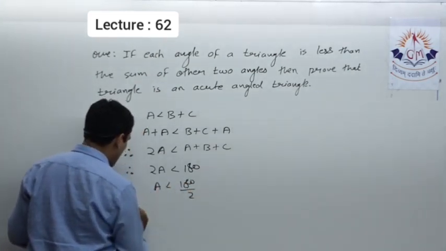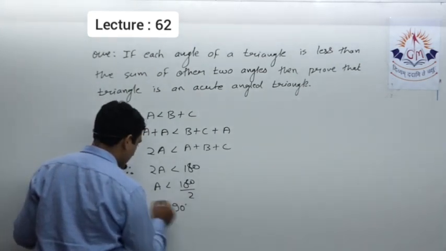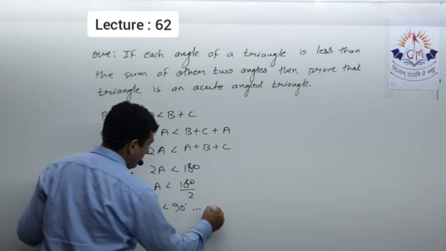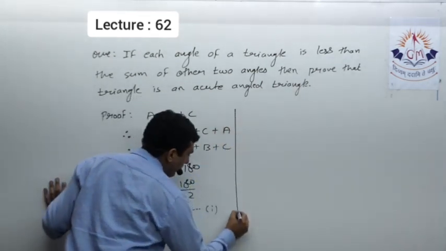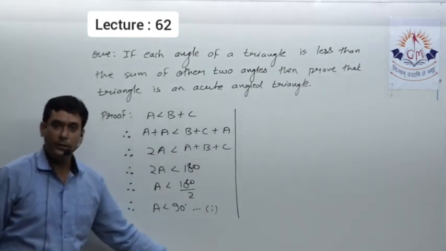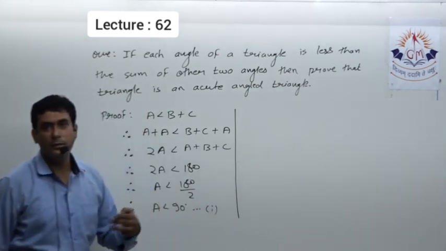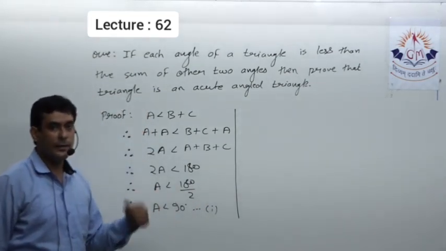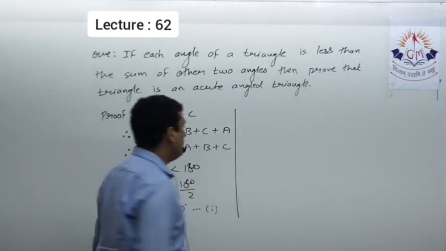That means I can say A is less than 90 degree. This is equation number 1. Now in a similar way I will prove B is less than 90 degree, then I will prove C is less than 90 degree, and then I will conclude that as all three angles of the triangle are less than 90 degree, the triangle is an acute angle triangle.